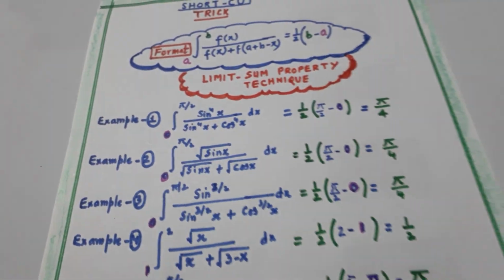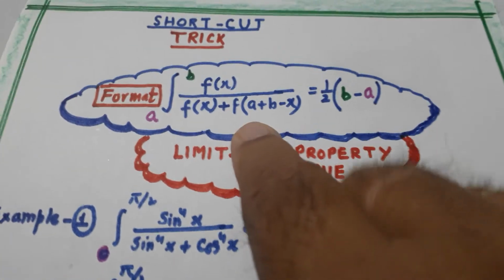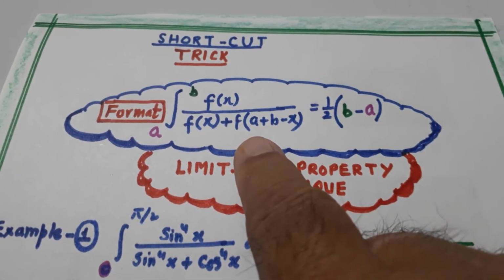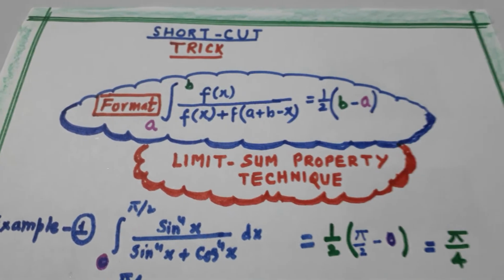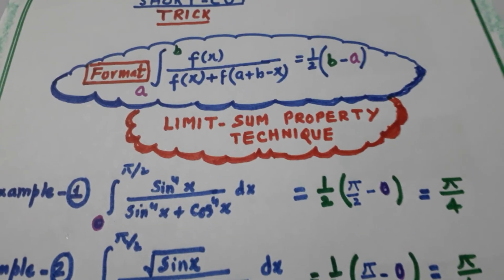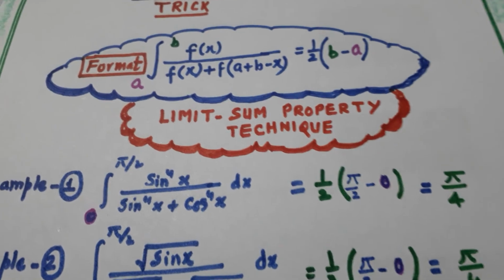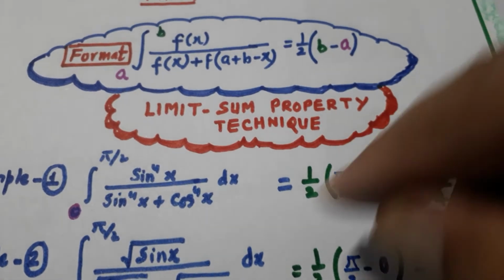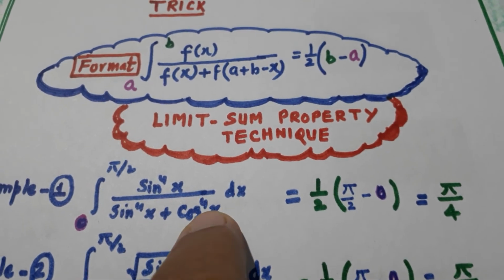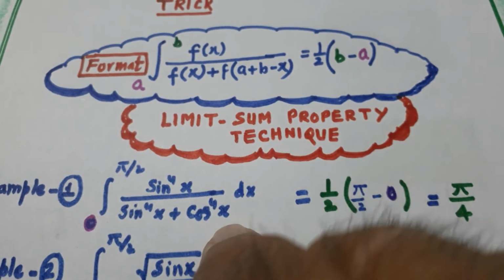Look here, so many questions can be done with the help of this trick, and it is very easy to remember that you only have to take the half difference of limits. That's all. However, you have to be sure that the same function in the numerator should appear in the denominator, and after adding the limits you have to subtract x from the function.